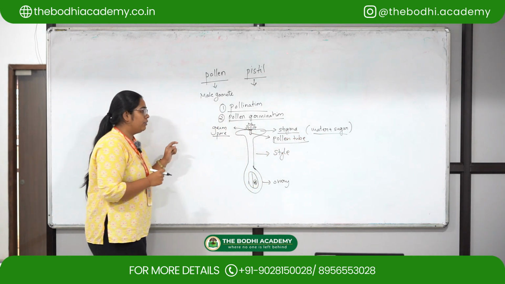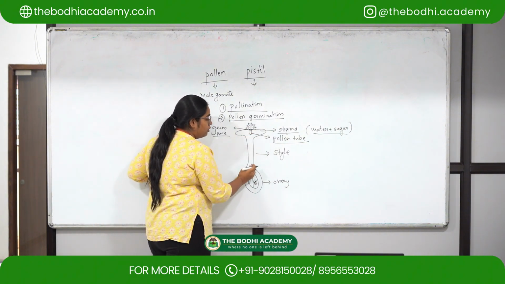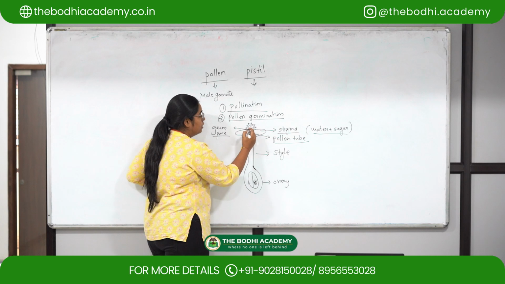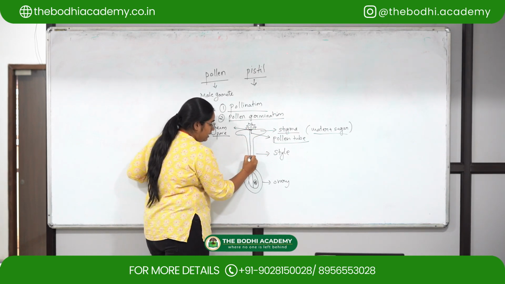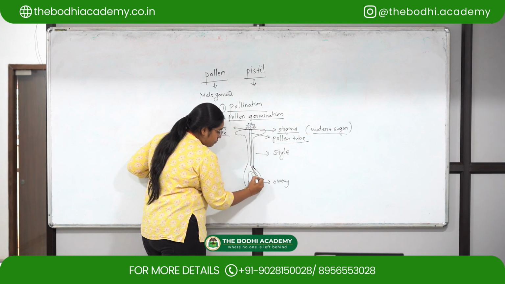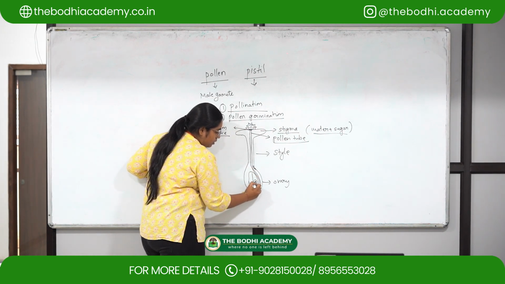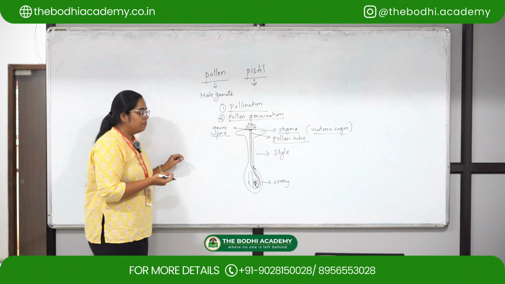After germination, the pollen tube will be formed, which will penetrate down the style of the flower with the nuclei, and then it will reach the ovule with the 2 male gametes.